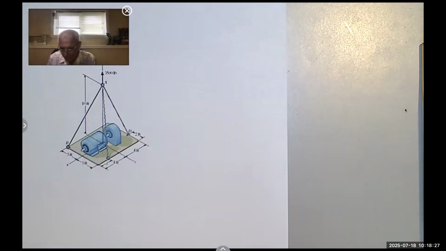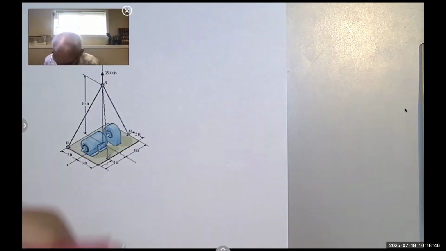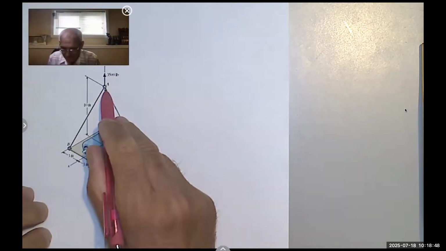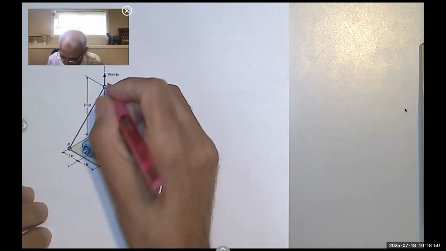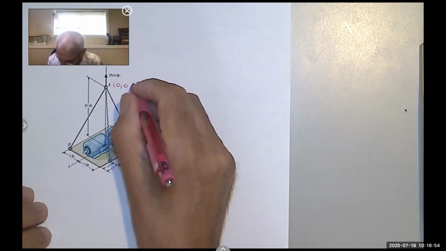Again, we have to redraw the free body diagram, but to make it easy, it's better to show the coordinates of each point to get used to how we are going to express these tensions in a vector format. As you can see, point A is on the z-axis, so it doesn't have an x or a y, so it's 0, 0, and the height is 10, so 0, 0, 10.